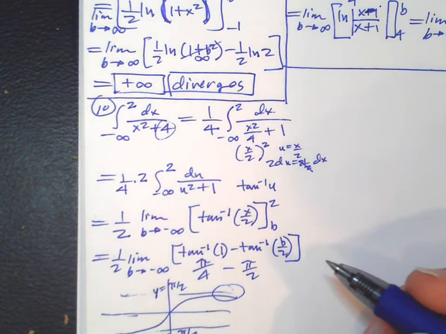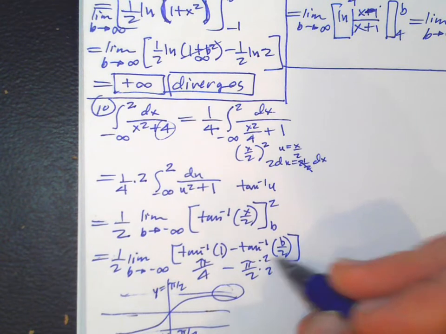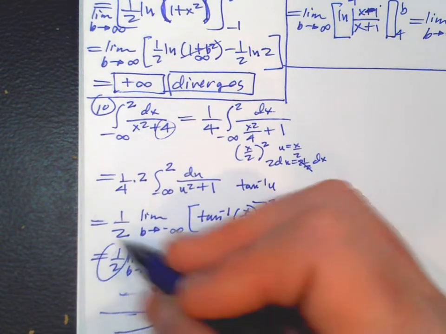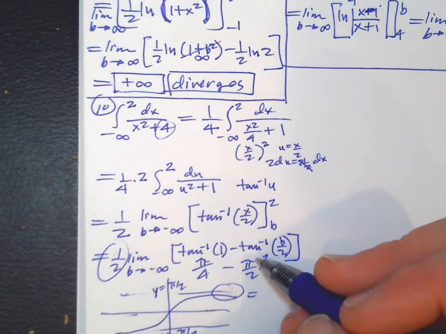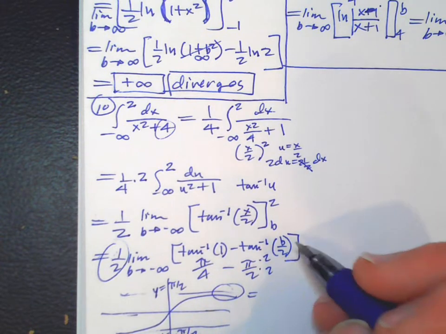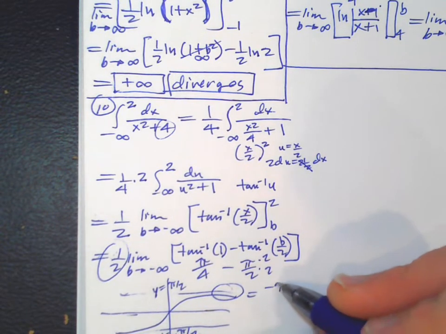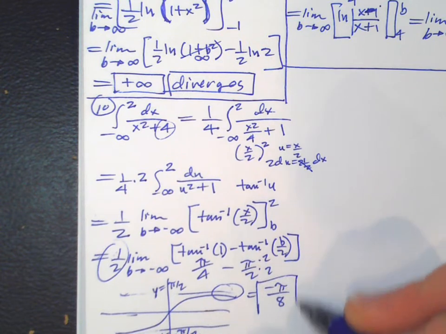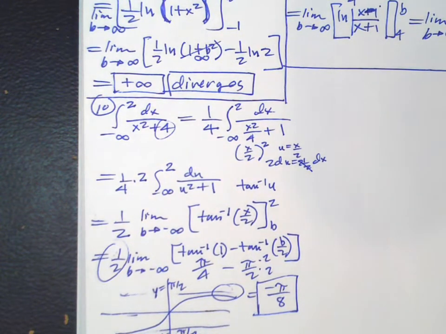So the common denominator could be 4. And we already have this 1/2 in front. So that's going to be pi over 4 minus 2 over 8 is going to be negative pi over 4, negative pi over 8. But I feel like I made a mistake. I think I'm getting close. Oh.